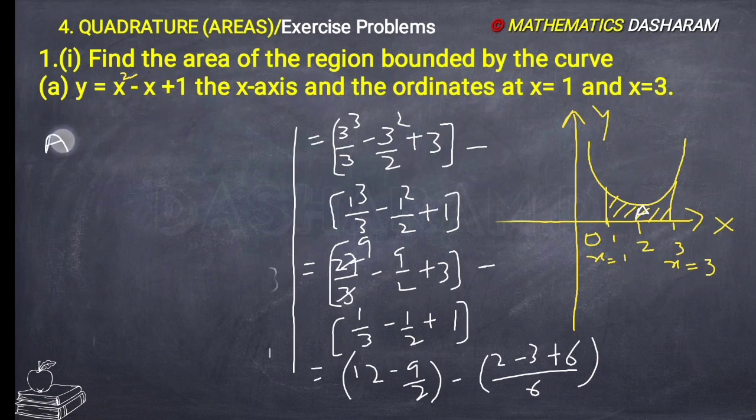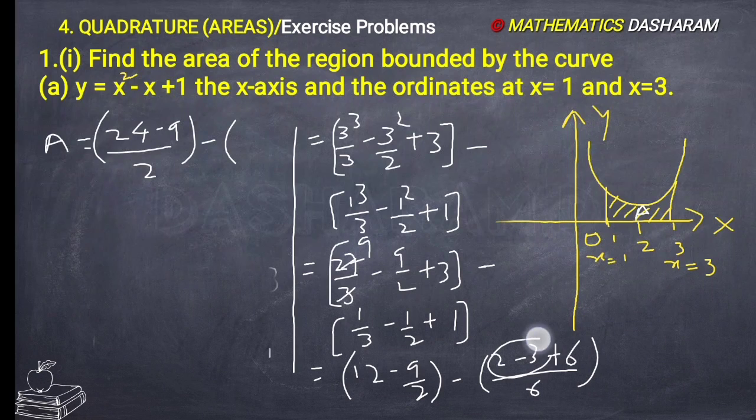So then area A equals, here also LCM 2. 2 into 12 is 24 minus 9, minus, here 2 minus 3 plus 6 is plus 5 divided by 6. 24 minus 9 is 15 by 2 minus 5 by 6.